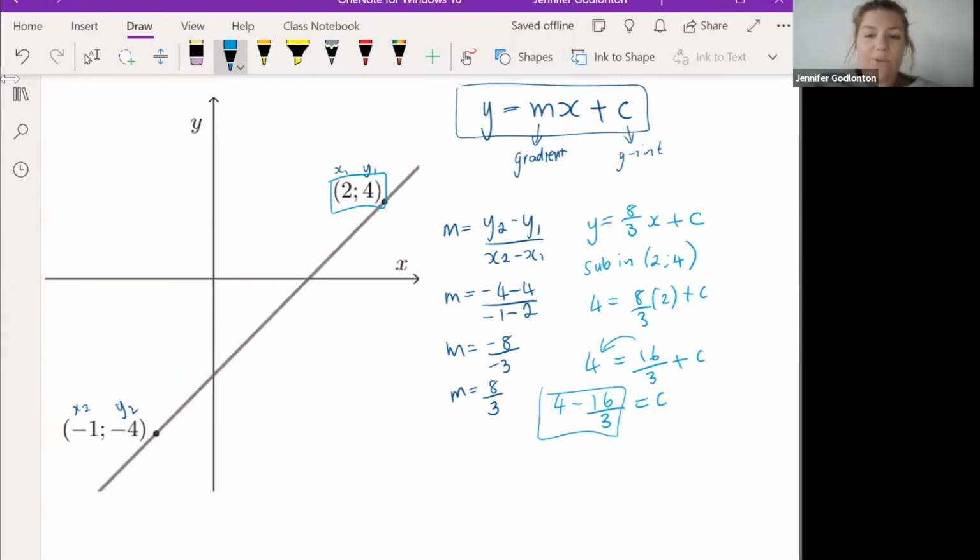Just write 4 minus 16 over 3. What do we end up getting? We should get a really nice, simple fraction answer. Just put it straight into your calculator like that. You don't need to make it stressful.